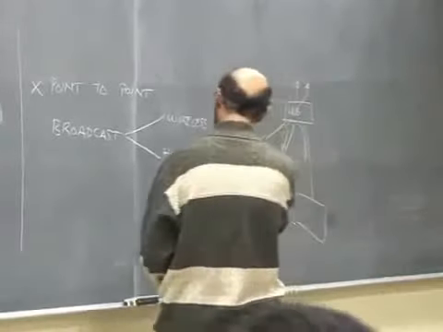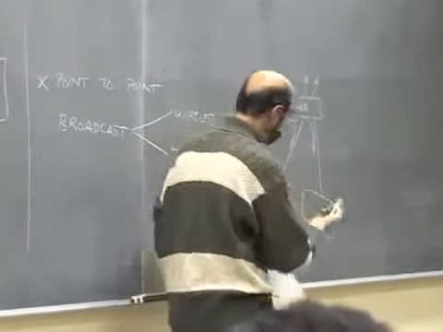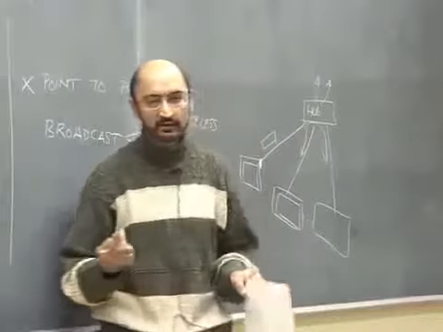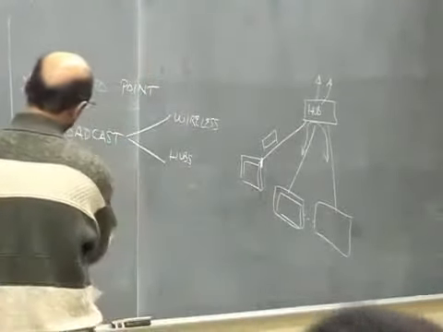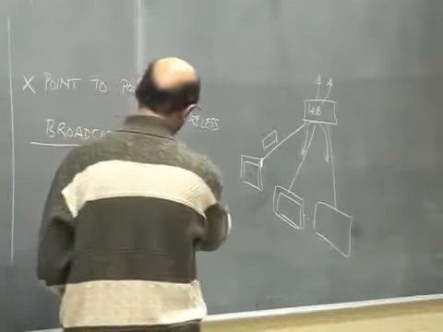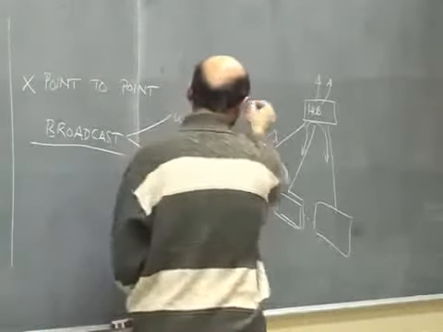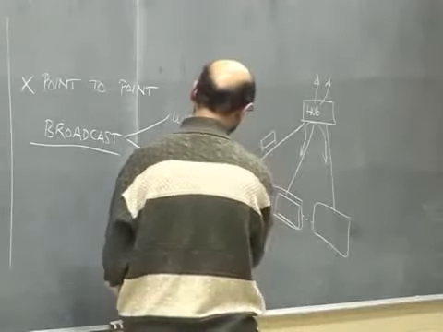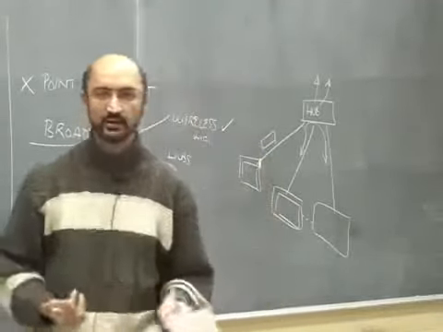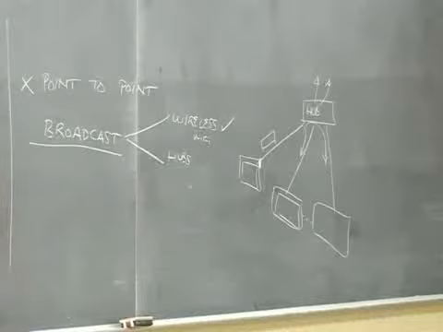Okay, so what we have here is these hubs, Ethernet hubs in particular, are pretending to be wireless. And so we have broadcasts there. And so we have these broadcast media arising both in wireless, Wi-Fi for example, and Ethernet hubs, which simulate a broadcast medium. In both cases, we need to solve the multiple access problem. Why?